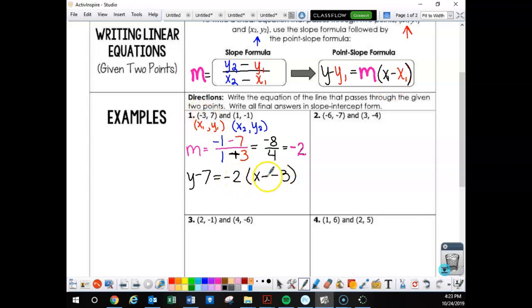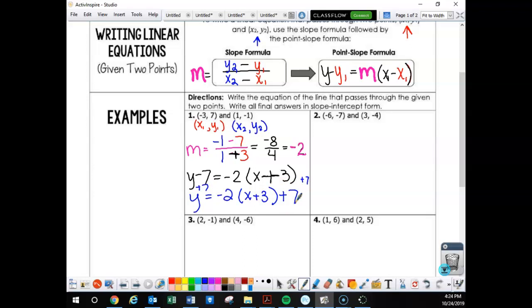Here I have two negatives, so this becomes a positive. The equation would be y minus 7 equals negative 2 times the quantity x plus 3. Sometimes you'll see it like this, or as negative 2 times x plus 3, and then if I move that 7 to this side, it would be plus 7. Whichever one of those you prefer.